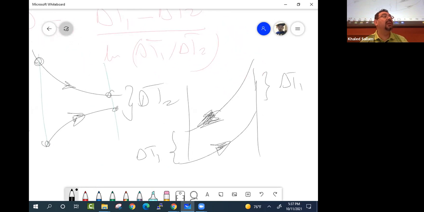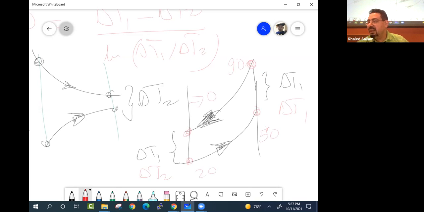It turns out it doesn't matter who is delta T1. We can make this delta T2 and this delta T1. What is this? The difference, right? Like this guy is 90 and this guy is 50, and this guy leaves here at say 70, and this guy is coming in at say 20.